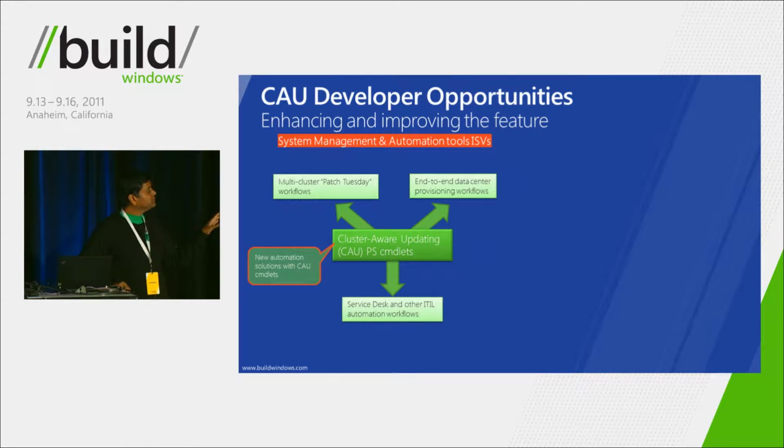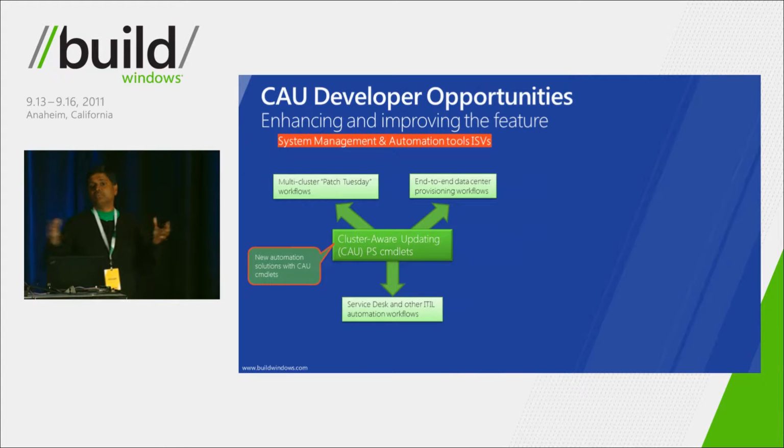You could do multiple things with it. You could use it to orchestrate multiple clusters to be updated at the same time in parallel. You can also integrate it into end-to-end provisioning solutions, because typically when you provision a cluster, one of the first things you do is bring it up to the latest patch level, right? You could use the cluster-aware updating PowerShell commandlets to do that.